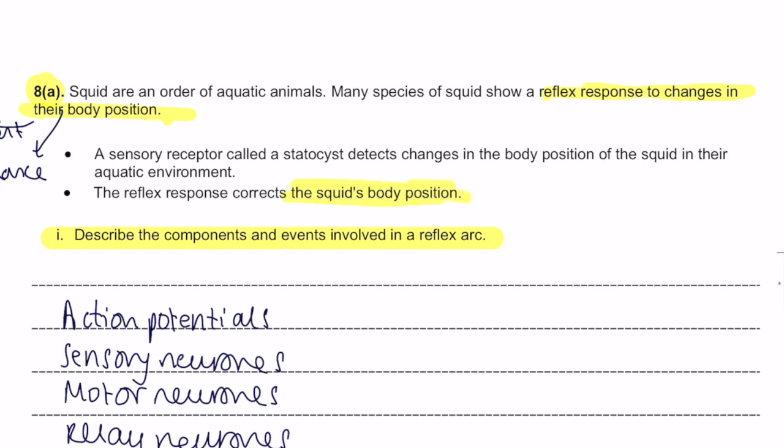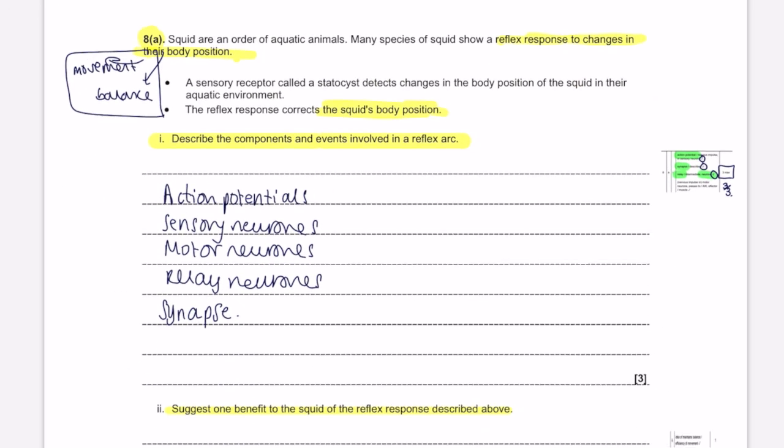Right, well, I can't think of anything else in terms of body position, so I might stick with that answer, because this relates to the question. It wants a benefit, so when I write the answer, I probably need to spin it in a more positive light, not just by saying movement or balance.